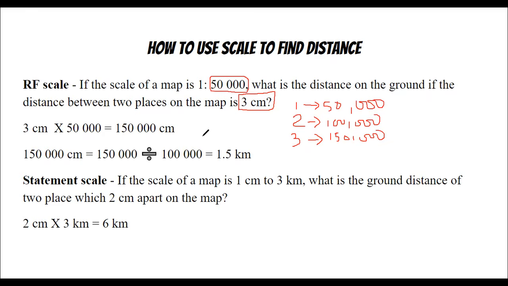All right. Now, if you are given the statement scale, and in this example, it says if the scale of a map is 1 centimeter to 3 kilometers, what is the ground distance of two places which is 2 centimeters apart on the map?